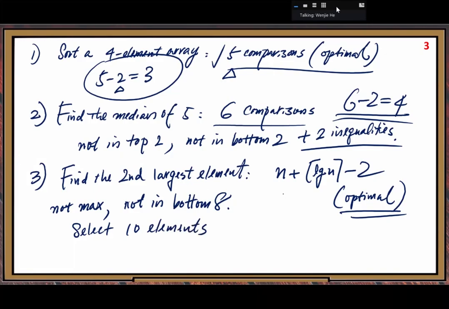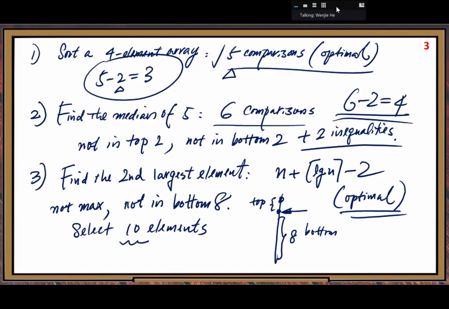Because if you select 10 elements, you need to get the top 2, then the bottom 8. So now you target this one: the second largest among these 10 elements.